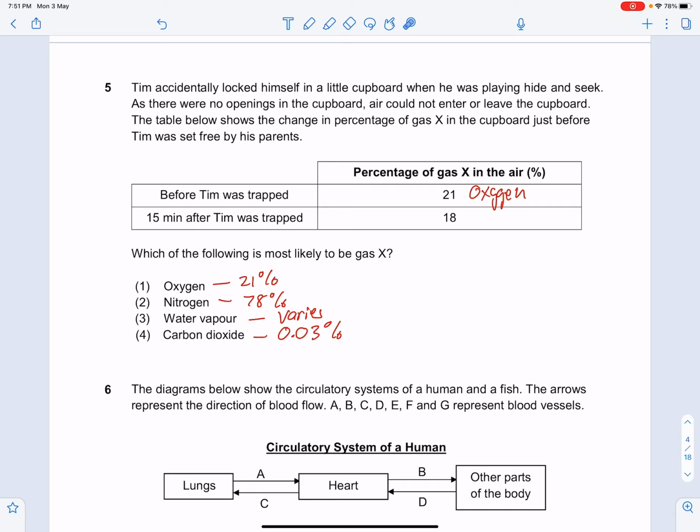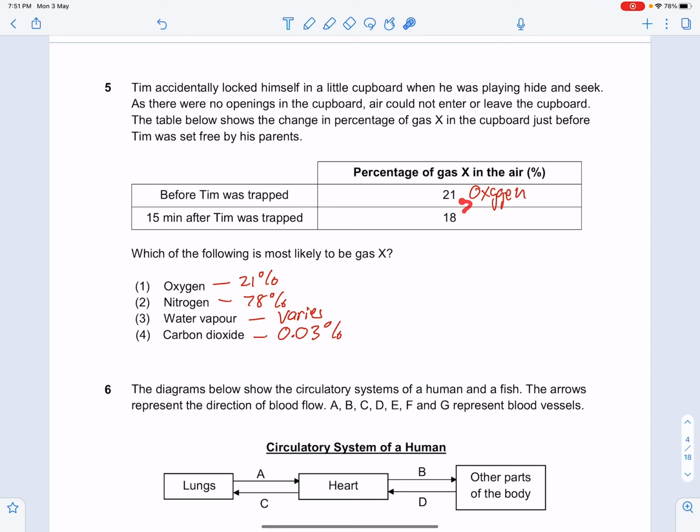Now, let's take a dive into this question. Right off the bat, because I already memorized the composition of air in percentages, I know that it's oxygen. But to confirm it, I need to be able to rationalize why there is a decrease. We all remember that because Tim is trapped in a cupboard, we assume that the gases have minimal chance of escaping.